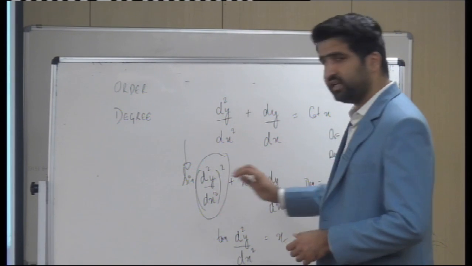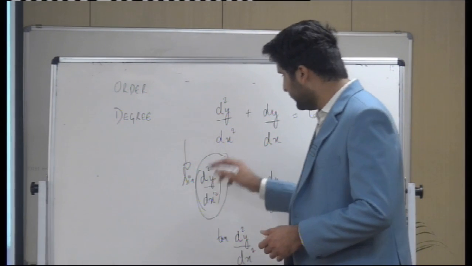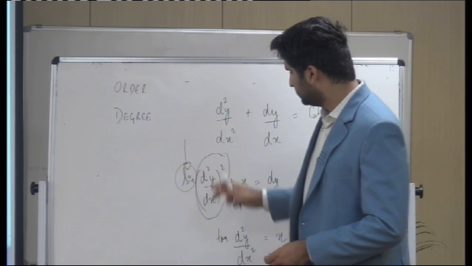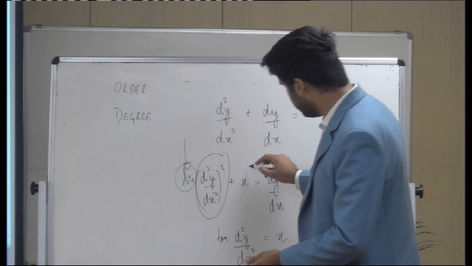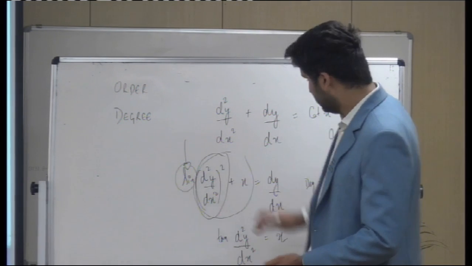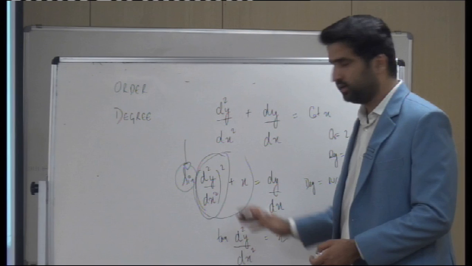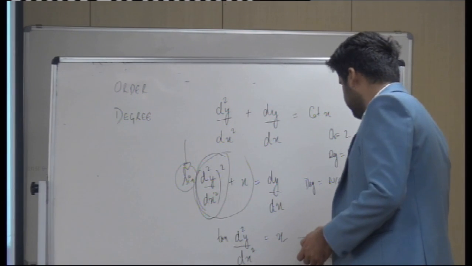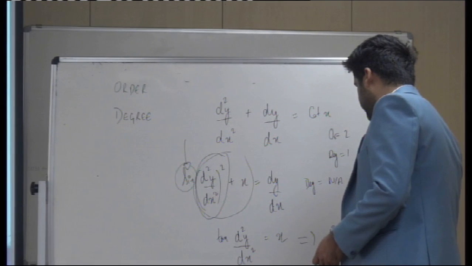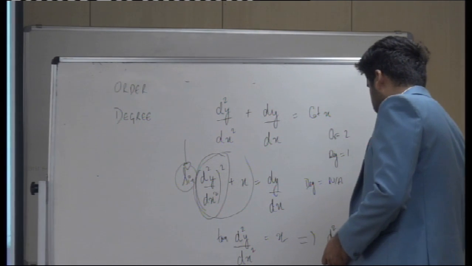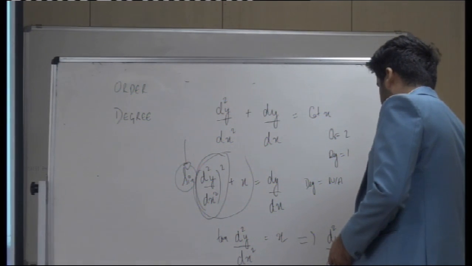So you have to see it very carefully. In this case, we couldn't do sine inverse over here on both sides, because a sine inverse has to be done if this function is whole inside one bracket, right? But in this case, it can be done. We can do tan inverse on both sides, and what we'll get is d2y upon dx2 is equal to tan inverse x.